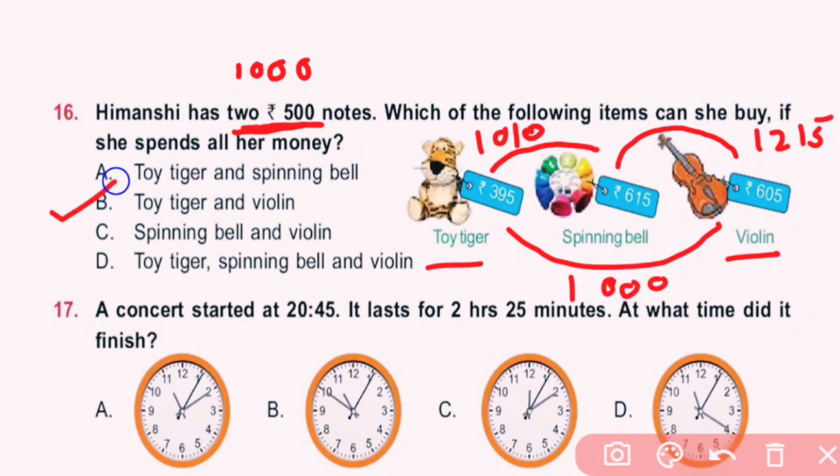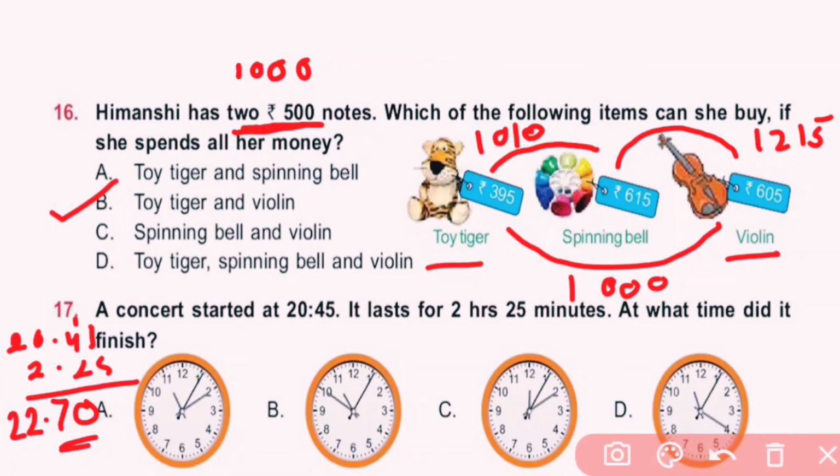Question number 17. A concert started at 20:45. It lasts for 2 hours and 25 minutes. At what time did it finish? So here we add 20:45 plus 2 hours and 25 minutes. Here 5 plus 5, 0, 1 carry over, 4 plus 2, 6 and 1 is 7, and here 22. 22 and 70.